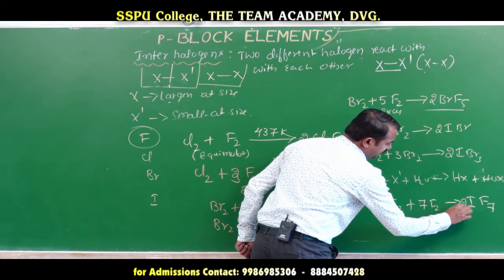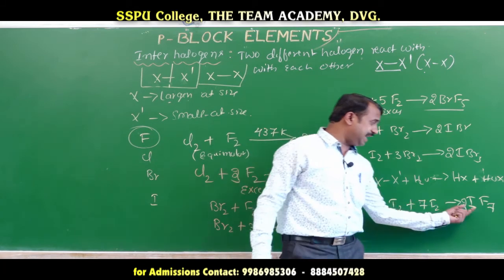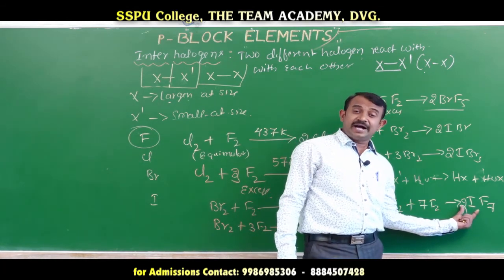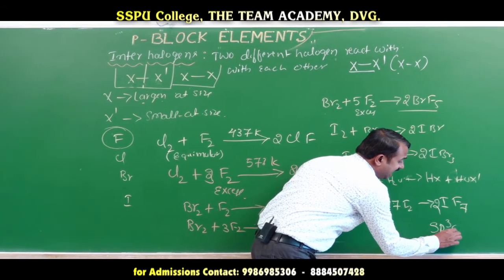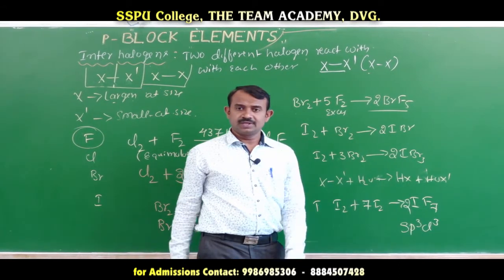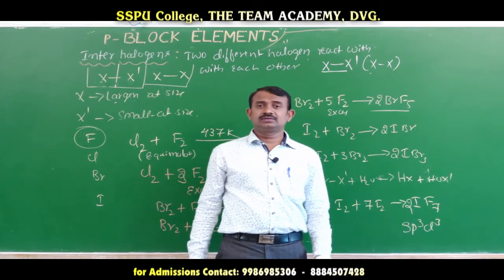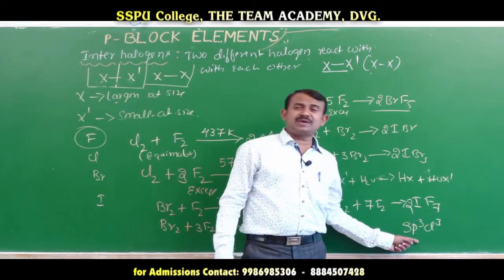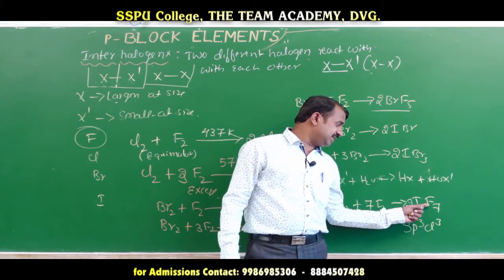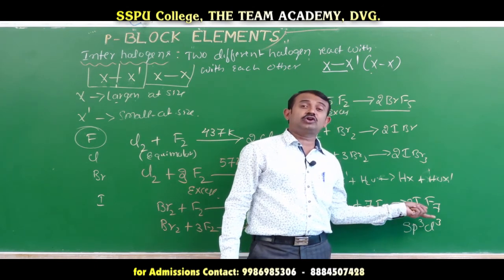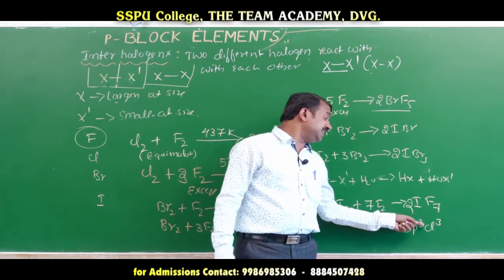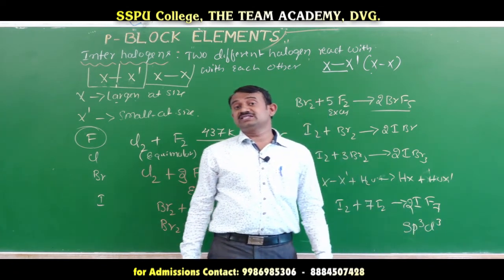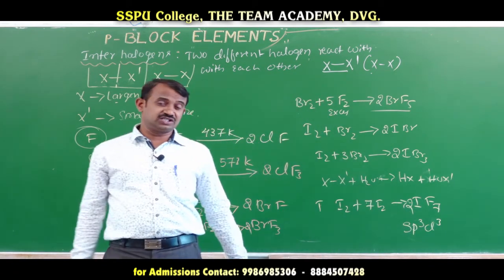This is pentagonal bipyramidal, sp3d3. Pentagonal bipyramidal has 7 positions. Octahedral is sp3d2. Here sp3d3 means it forms a different structure.